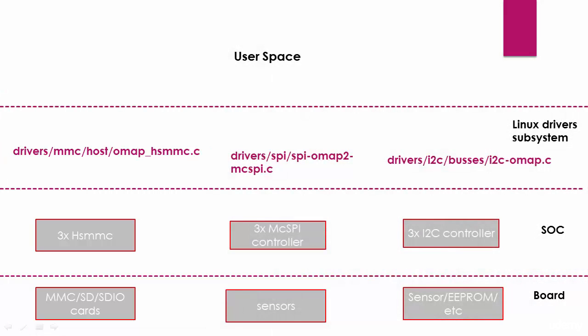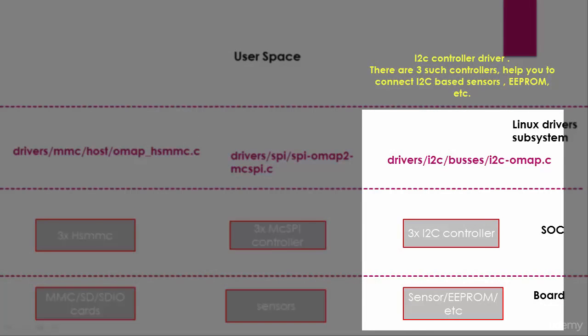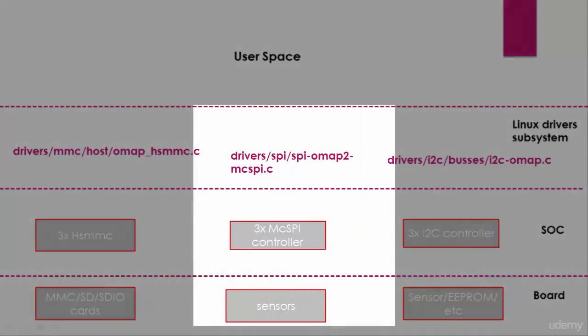It also has 3 instances of I2C controller, which you can use to connect I2C based devices such as sensors, EEPROMs, etc. And it also has 2 instances of SPI controller. So the kernel supports drivers for all these controllers.